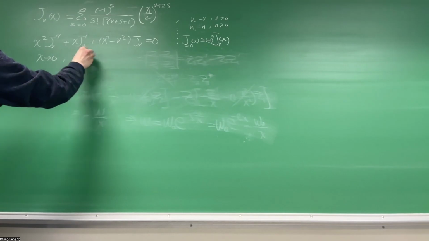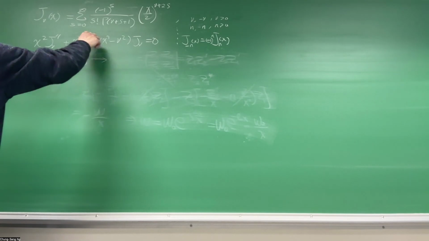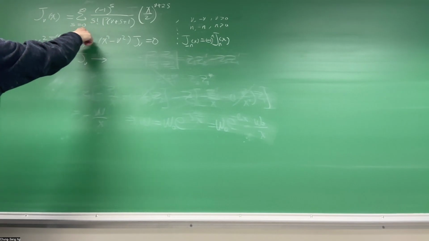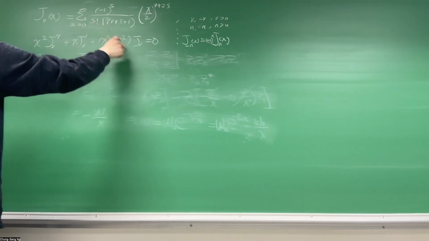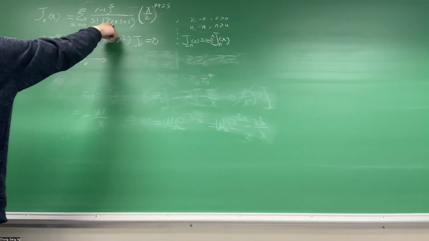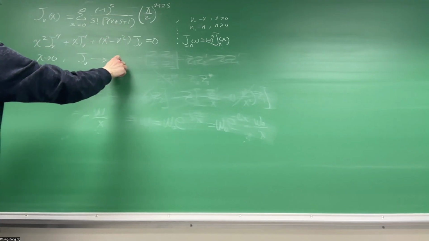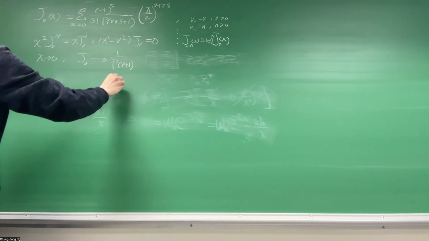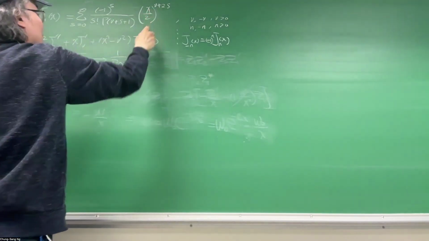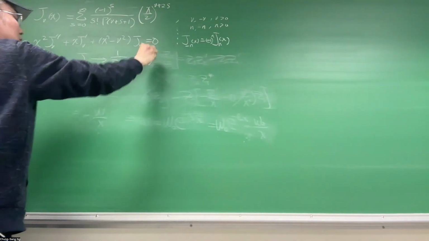So you can see that J nu tends to just keeping the S equals 0 term. So that is 1 over gamma of nu plus 1, right? And then you just keep S equals 0, so x over 2 to the nu.